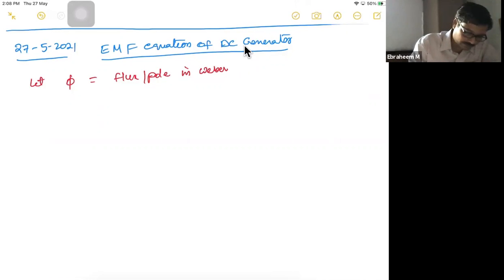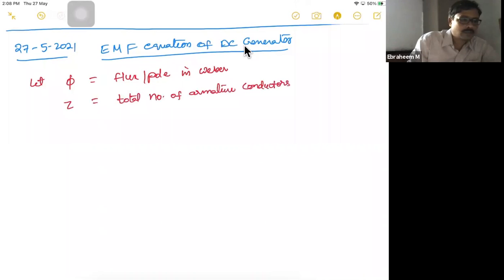Now, Z is equal to the total number of armature conductors. This is also equal to the number of slots multiplied by the conductors per slot.